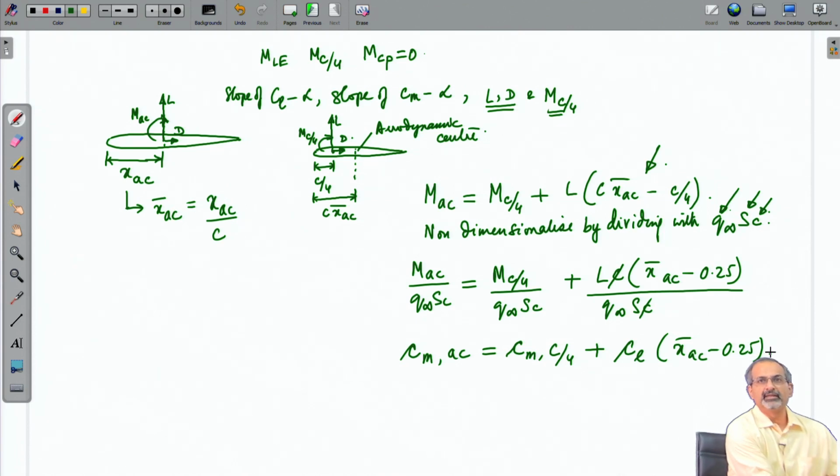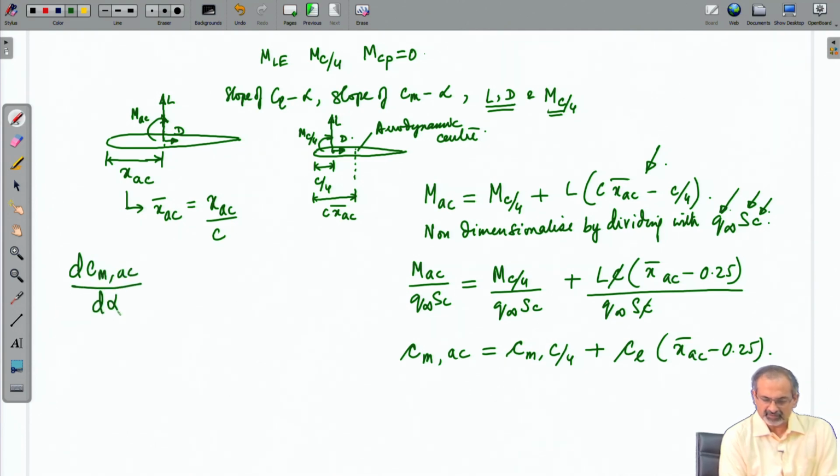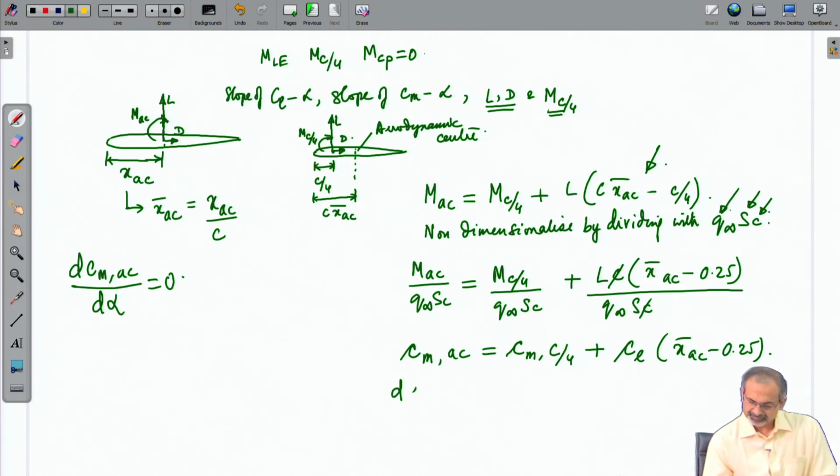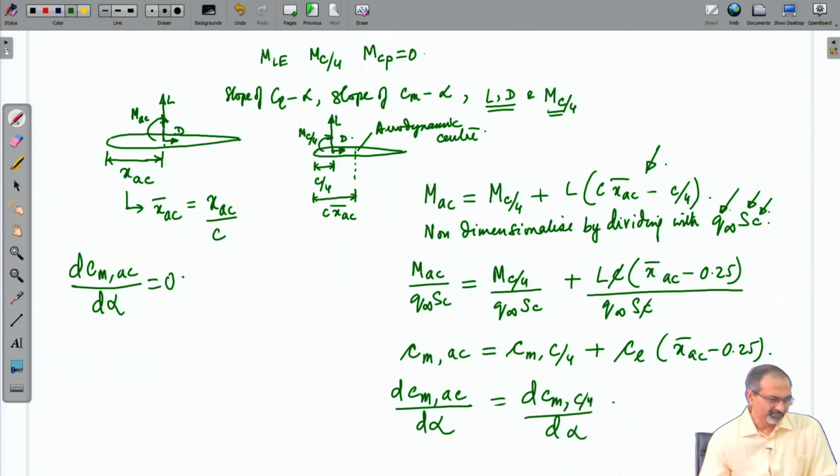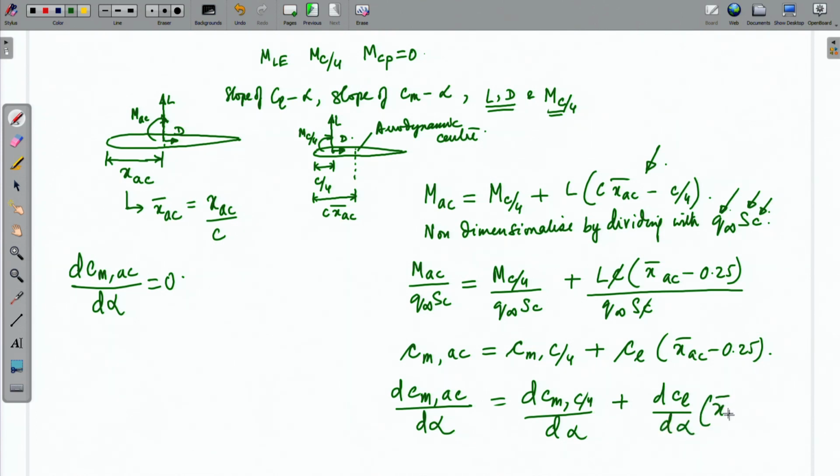Now, we will take a derivative of this expression, because you remember that the condition is that d C m a c d alpha is equal to 0. If you take a derivative, what happens? So, this is what you have.